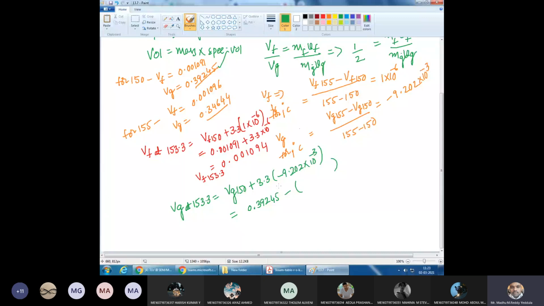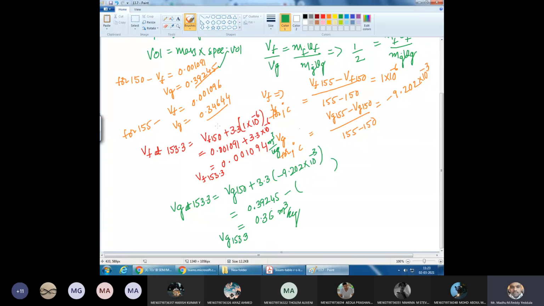Operate the calculator, you are wasting time, all of you. Total answer 0.36, I got, sir. Very good. So VG is 0.36 meter cube per kg, and VF is 0.001094 meter cube per kg.